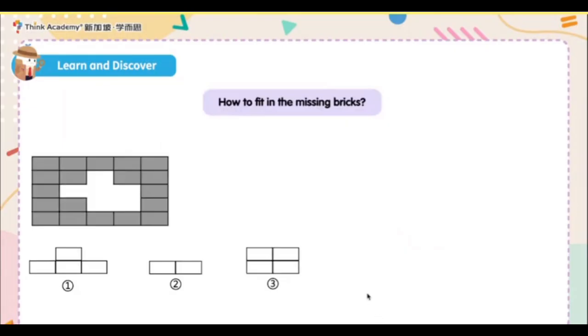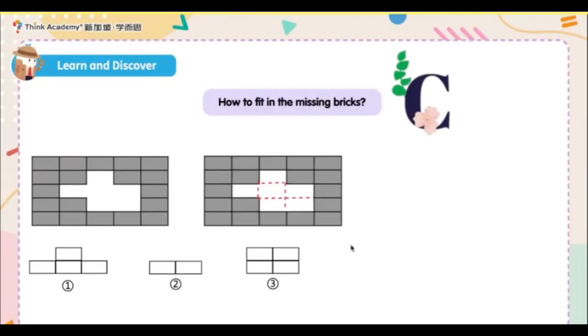Okay, so as for this question, we can see how to fix the missing bricks. So you can see this one, we call it the big C method. Everyone prepare your pencil. We're gonna take some notes together. Okay, so the first C is for connect. We connect the lines. And then the second step is to count.